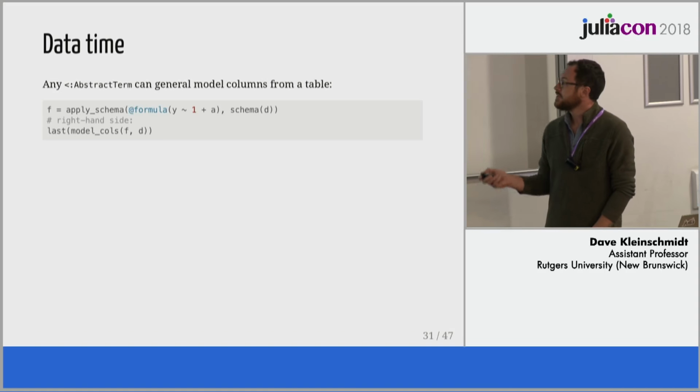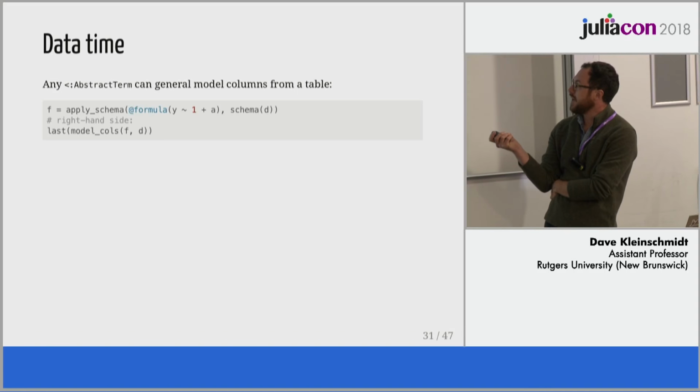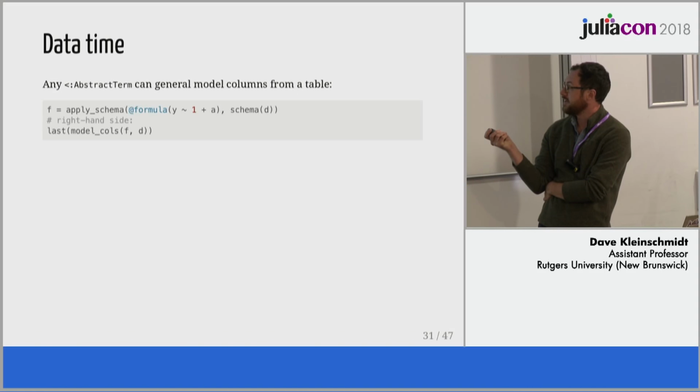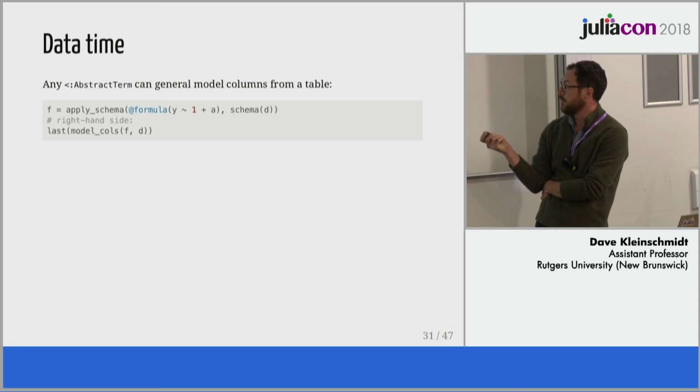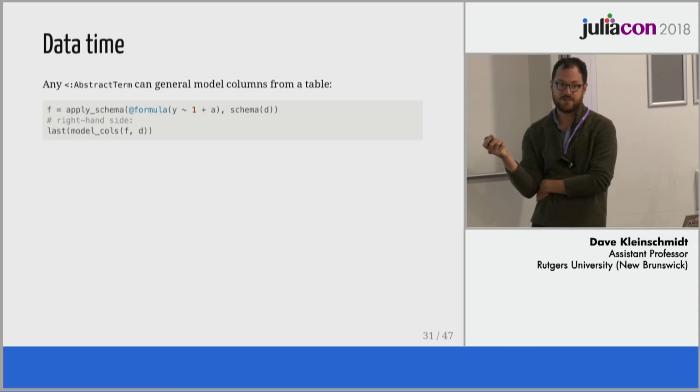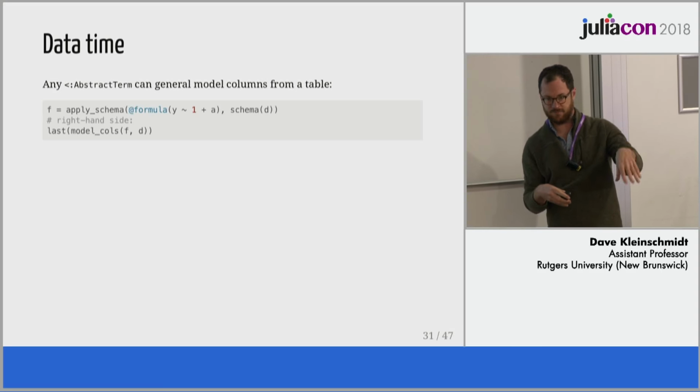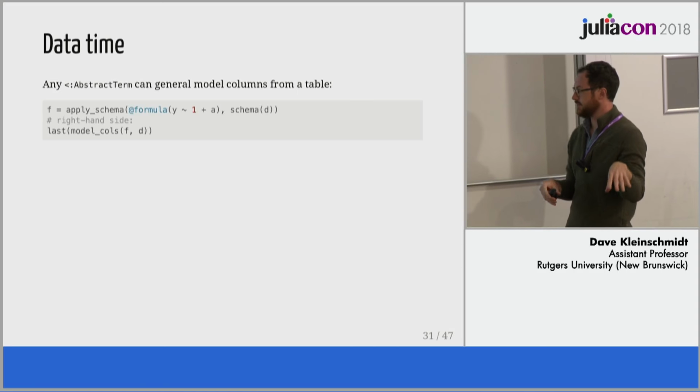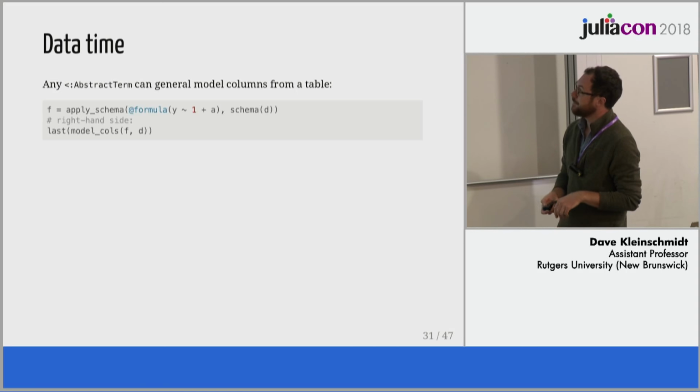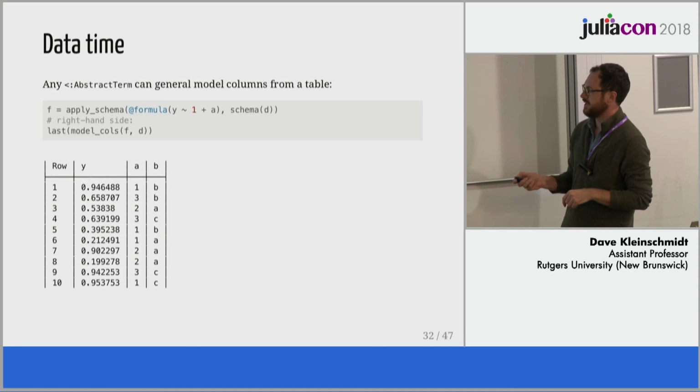Now we have this formula F, where we've applied the schema from the data to the formula. This is a formula that now has typed schematized terms as its leaf nodes. Let's say we have a data table that looks like this.